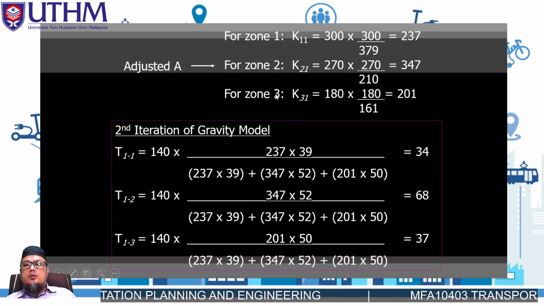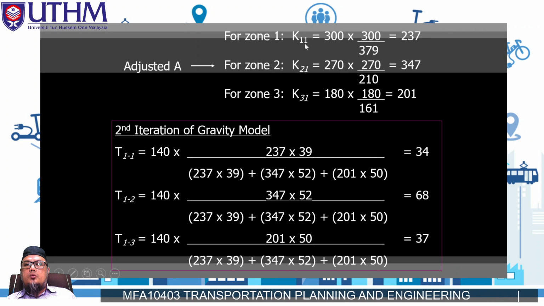So this one is the correction to be applied. We just apply the K value to recalculate and balance the predicted values compared to the original data.